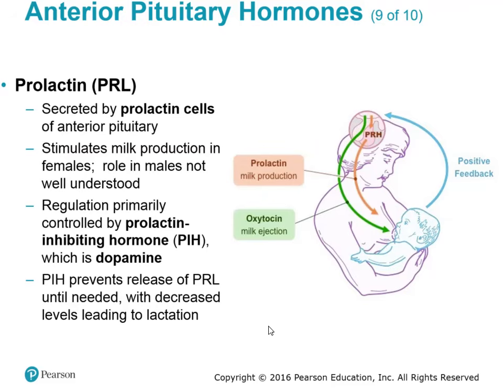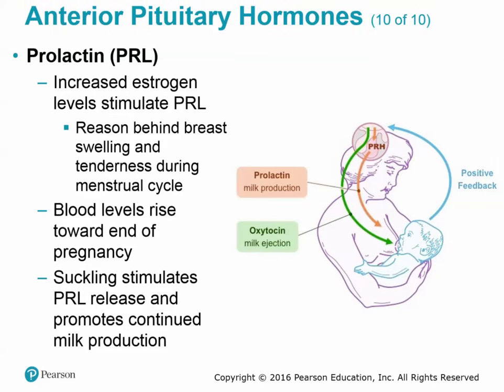So this is another one that is generally a positive feedback loop. We talked about oxytocin being a positive feedback loop for uterine contractions and milk ejection. Prolactin is the same thing with a positive feedback. We don't want to turn it off when we start to make the milk. We want to make more milk, so we need more prolactin.